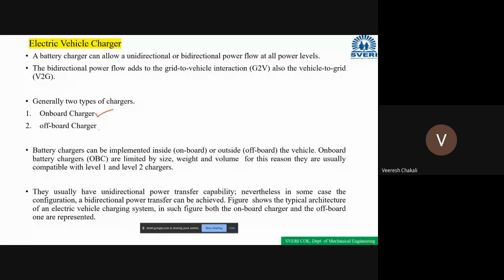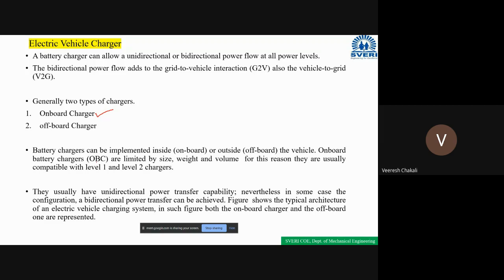An off-board charger is a charger that is not placed inside the vehicle. We are using an additional charger outside of the vehicle.